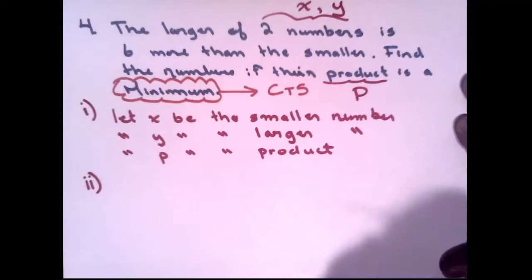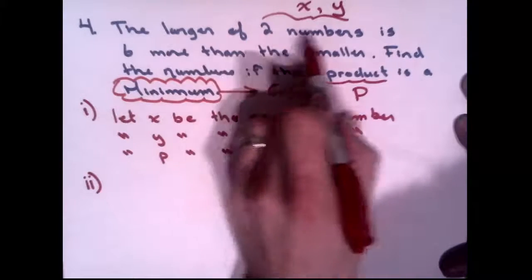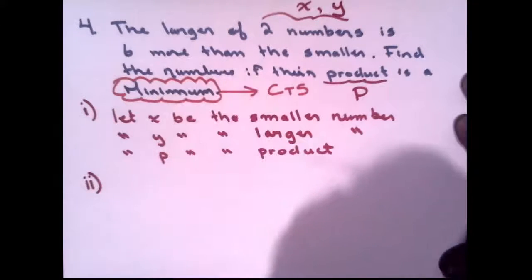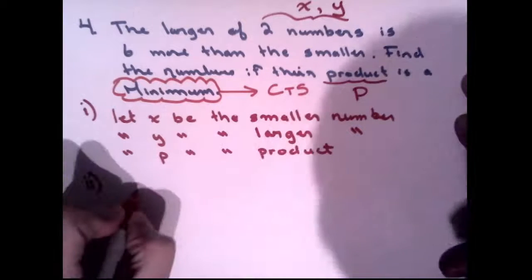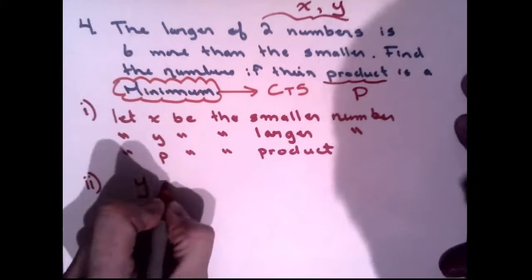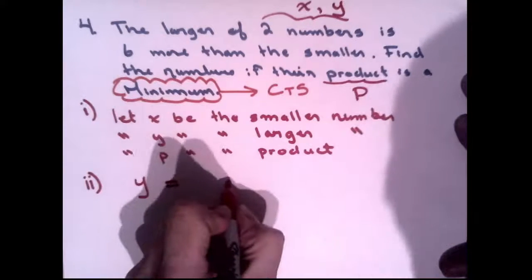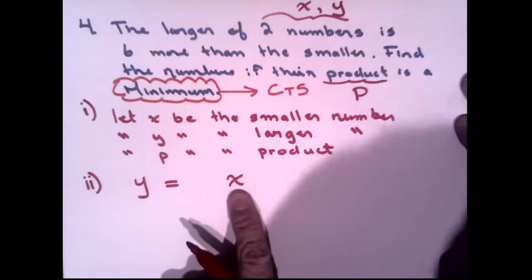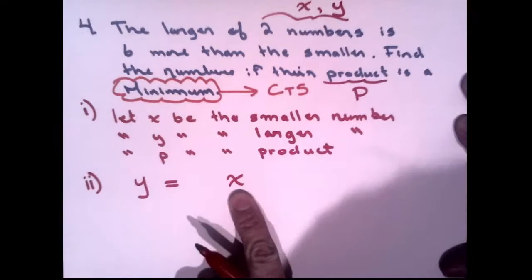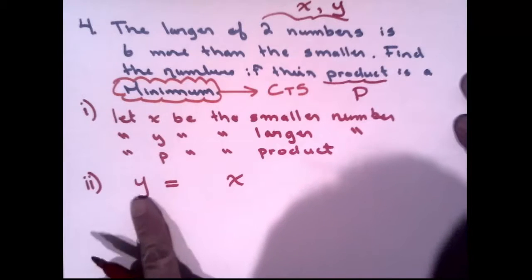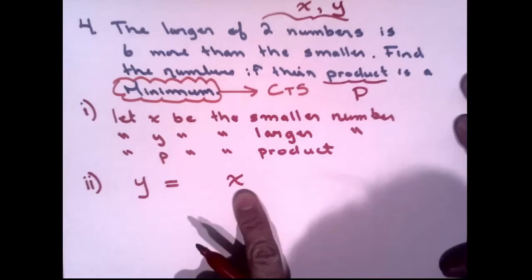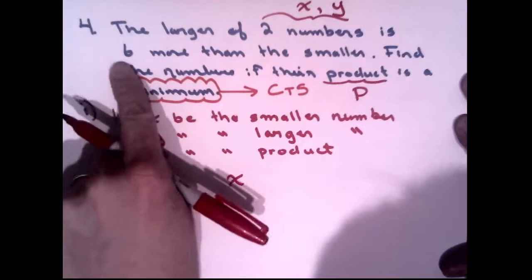So if in this question, the larger of the two numbers is 6 more than the smaller, who's the larger one? Well, y is the larger one. And if I want to get him to equal out to what x is, who's the smaller one, well, x needs some help. He's smaller than y, right? So x needs to catch up. And by how much? Well, it looks like it's by 6 more.